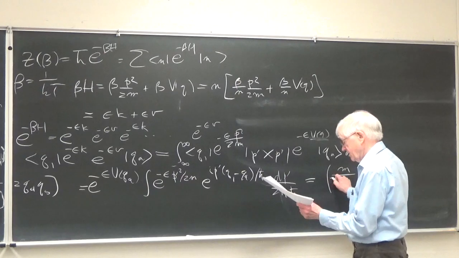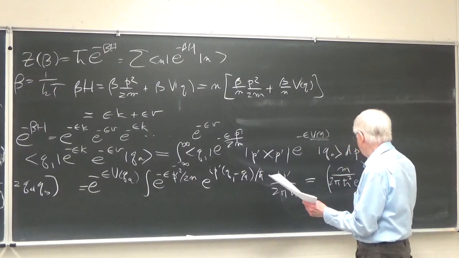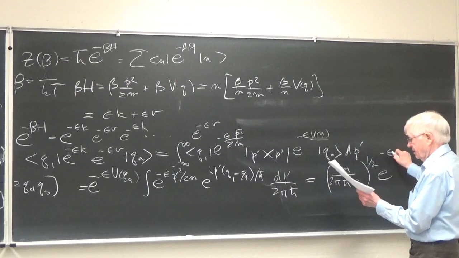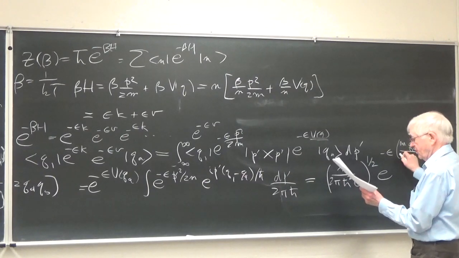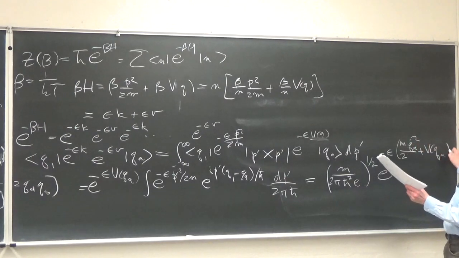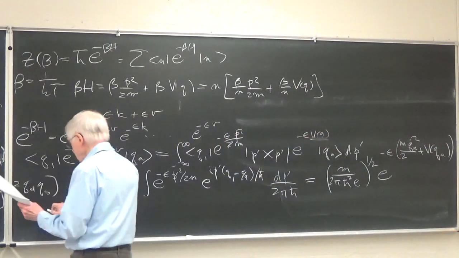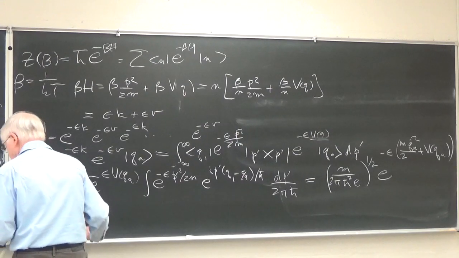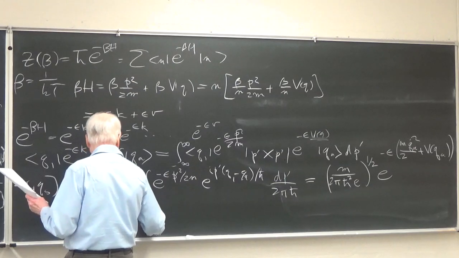m over 2 pi h bar squared epsilon to the 1/2, e to the minus epsilon, m qa dot squared over 2 plus V of qa, where I've set q1 minus qa equal to h bar epsilon qa dot.